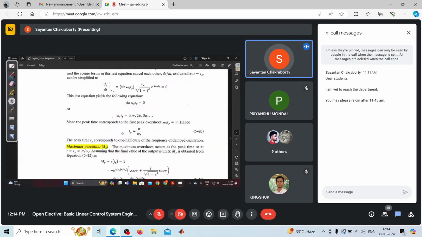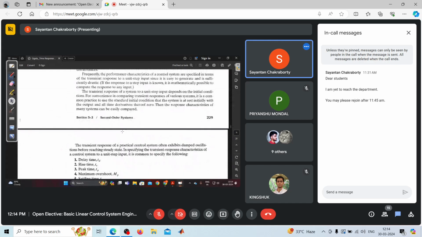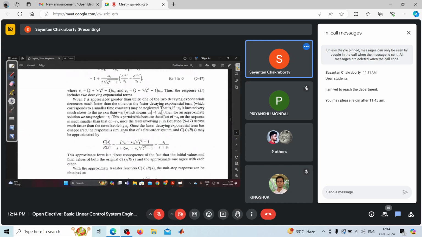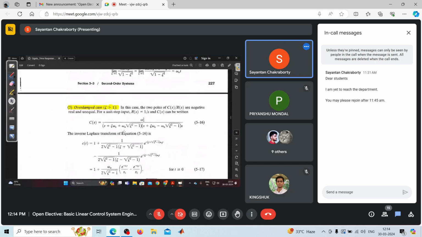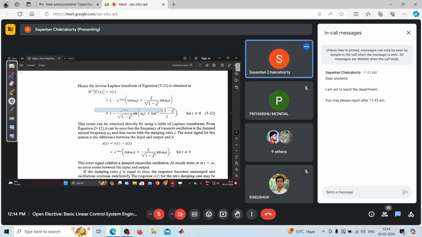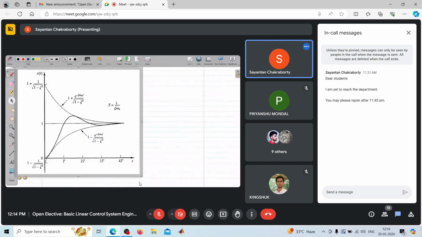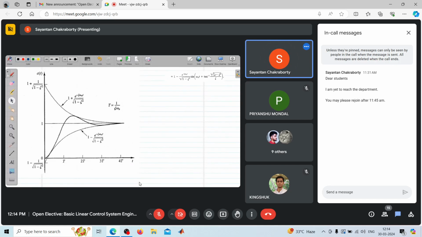Okay, where are we getting this from? If we look at the response, this is basically C(t) for 0 less than zeta less than 1.